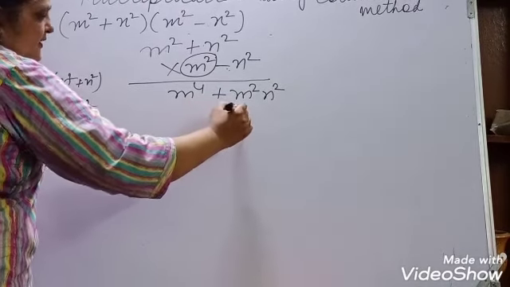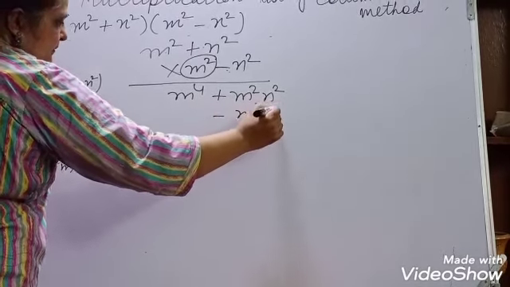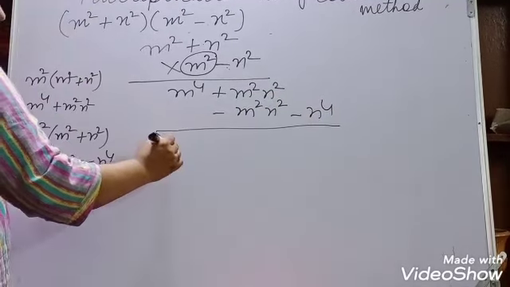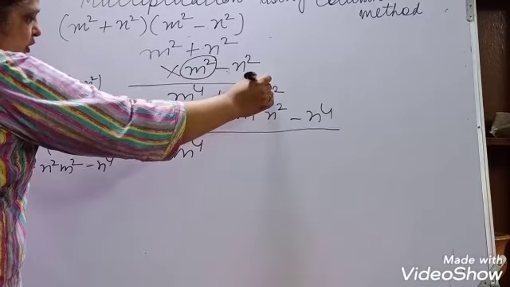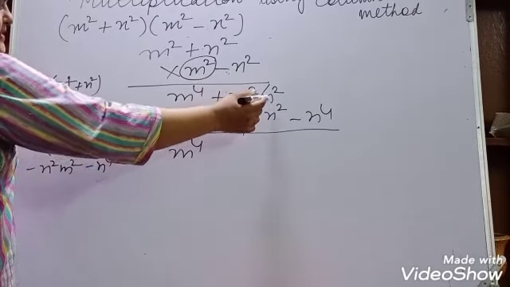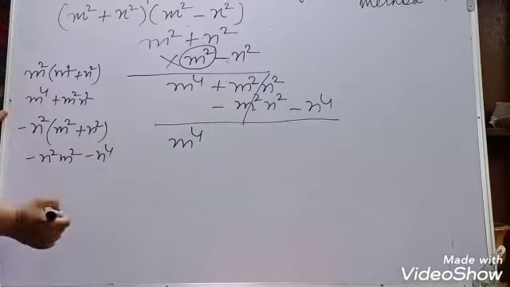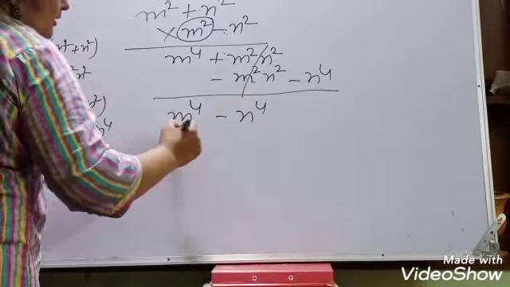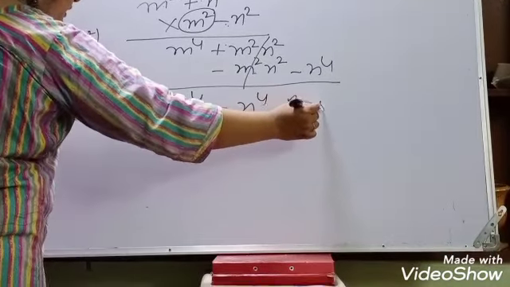Now just write like term below the like term, minus n raised to power 4. Now m square n square will get cancelled since this is plus m square n square and this is minus m square n square. So my answer, m raised to power 4 minus n raised to power 4, is the final answer.